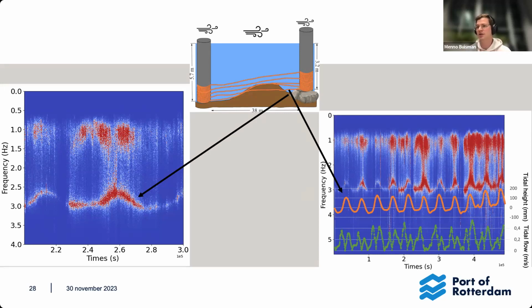And initially, we thought that these vortex-induced vibrations would be related to the tidal flow because we expected that the flow would ultimately determine the frequency of these oscillations. But it turned out that it's not the flow, but it's the tidal height.